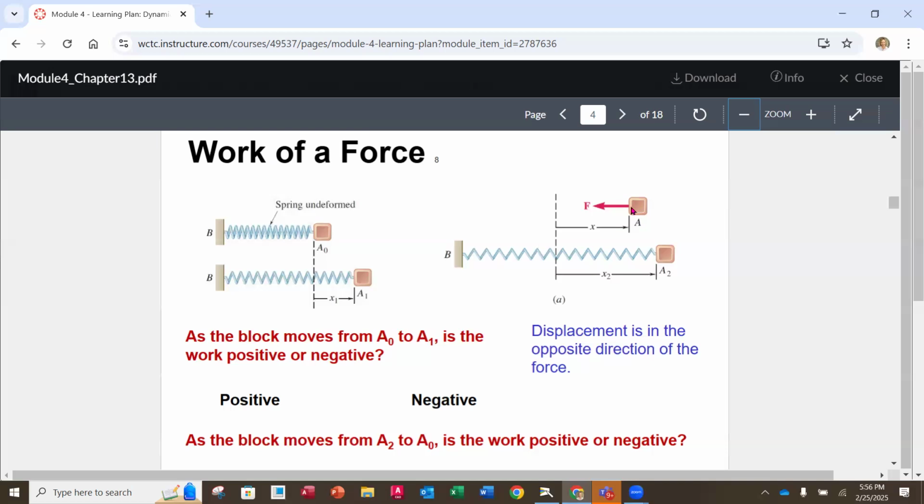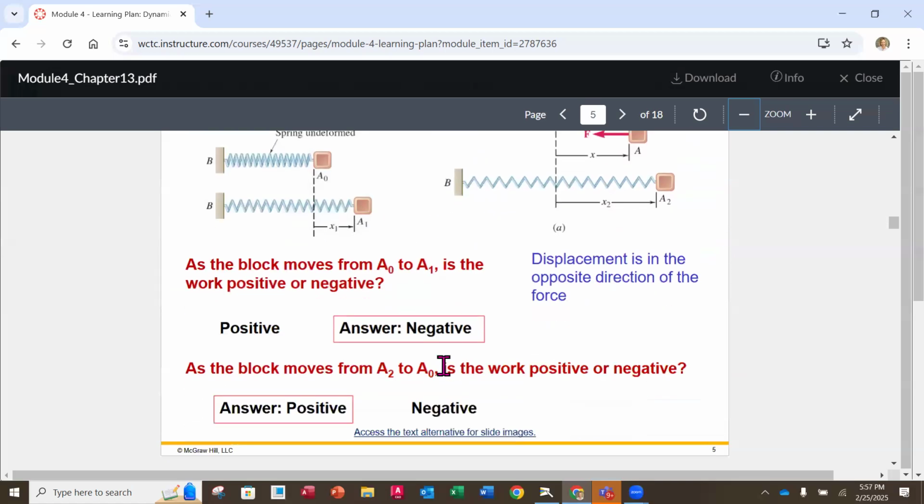You'll notice that the direction of the force is going to the left, right? But the direction of the movement of the spring, the distance through which the work is going to occur, is actually going in the opposite direction. Do you see that? So what do you think the sign of the work is going to be, positive or negative? It's going to be negative.